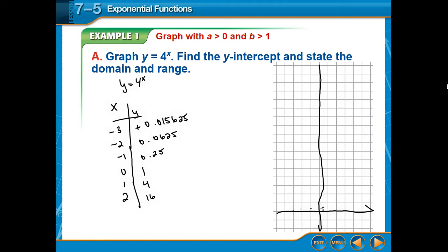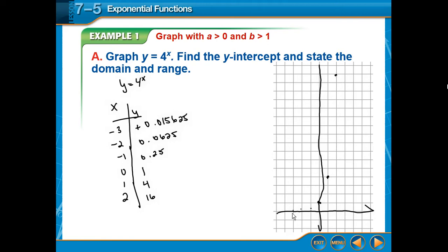At 0, it's 1. And at 1, it's at 4. And at 2, it's at 16. So 4, 8, 9, 10, 11, 12, 13, 14, 15, 16.